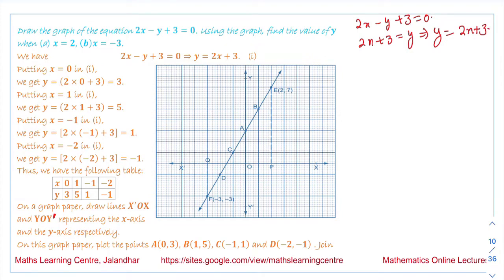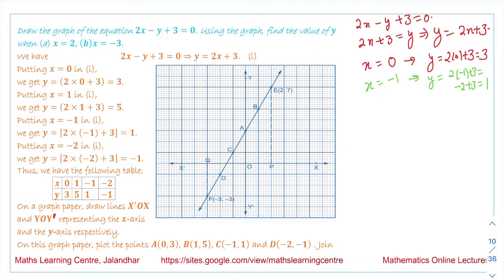Now we substitute some values of x in this. Suppose x is equal to 0. Then y is equal to 2 into 0 plus 3, that is equal to 3. Next, suppose x is equal to minus 1. Then y is equal to 2 into minus 1 plus 3, so this is minus 2 plus 3, which is equal to 1.